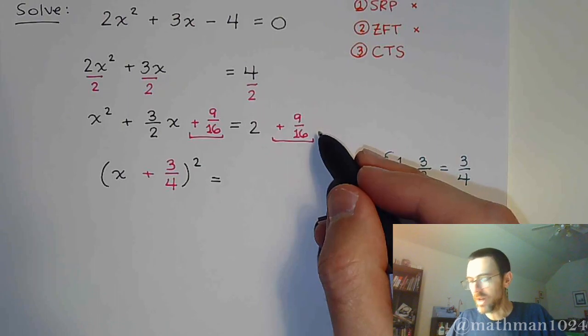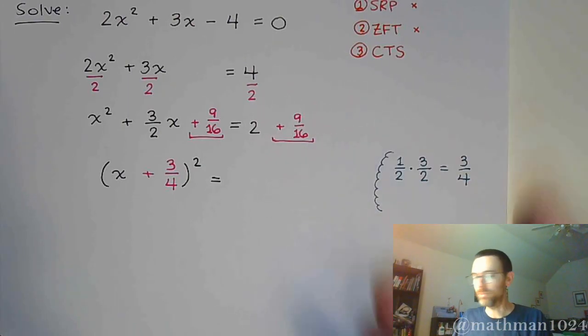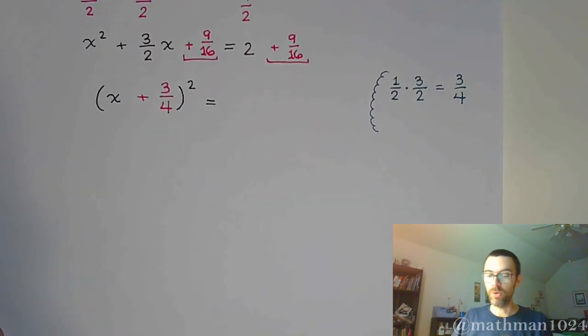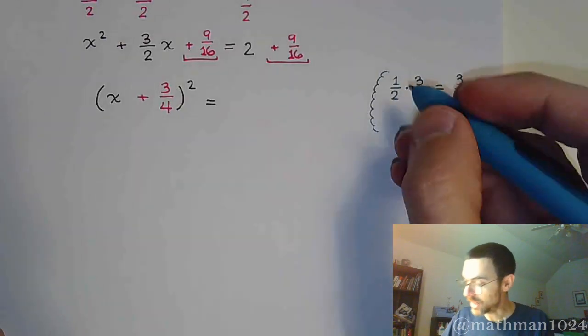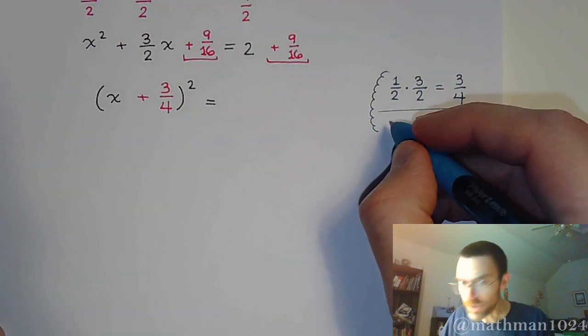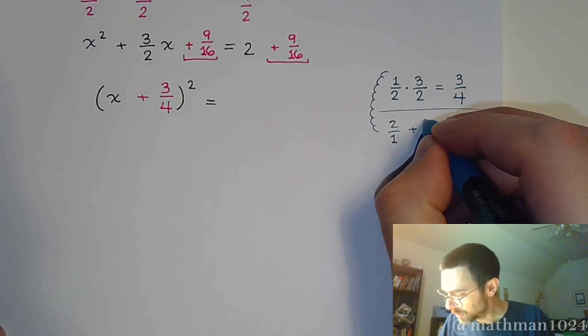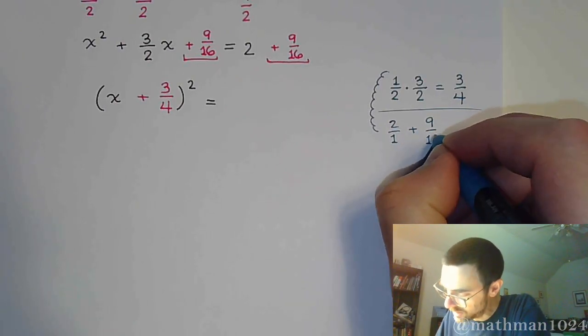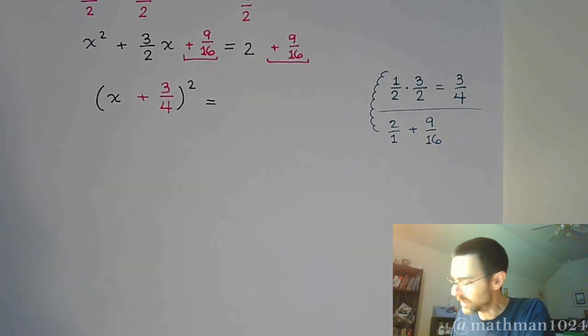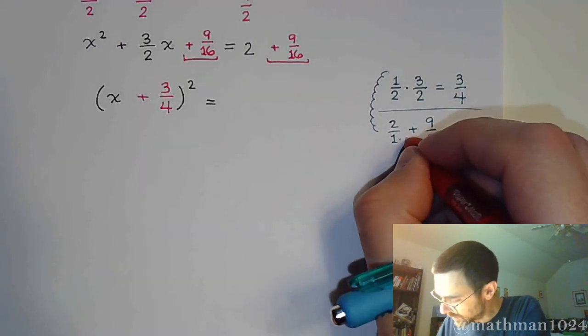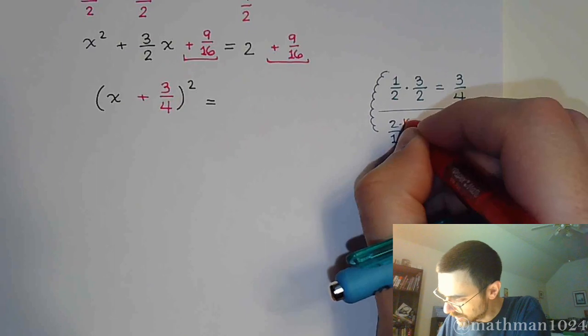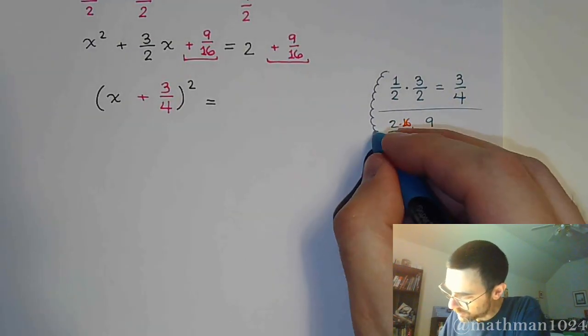Now over here we've got to figure out how to do that addition. Well, again, this is why we have room off to the side so we can scratch things out. Alright, so I need to do 2, this is really 2 over 1, plus 9 over 16. I need to get a common denominator, which is 16. Alright.